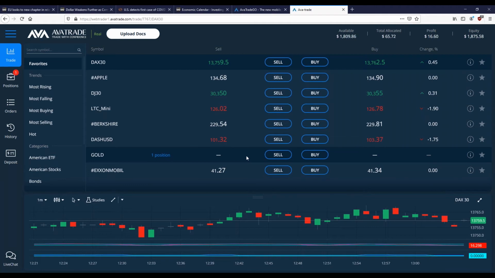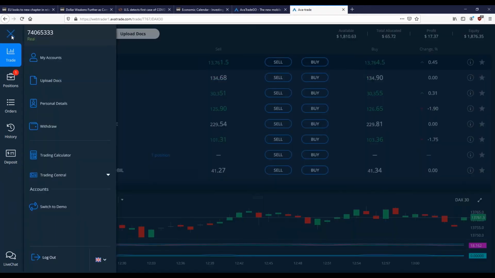So this platform has some offerings in terms of fundamental news. Since we're talking about fundamental analysis, we can quickly take a look at where you can find some fundamental news. If you click on the tab here in the upper left, and on all live accounts, if you're new to AvaTrade and you're only working on a demo, welcome. You will see the Trading Central feature.